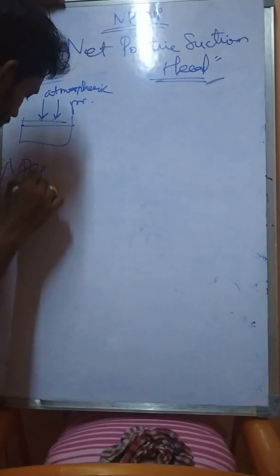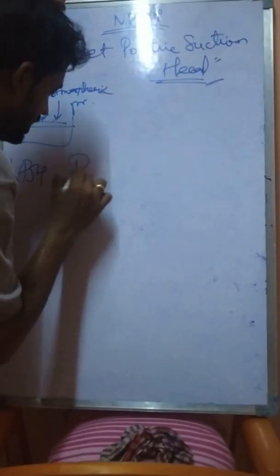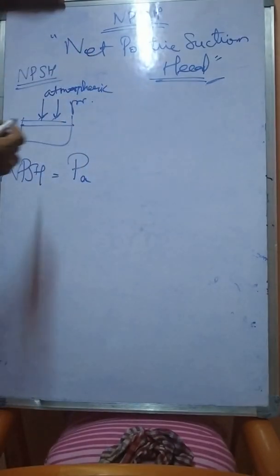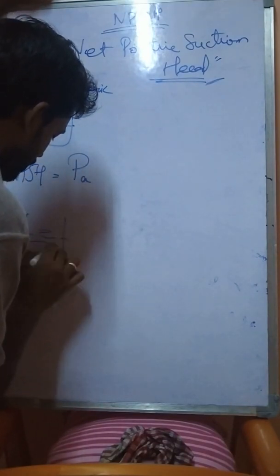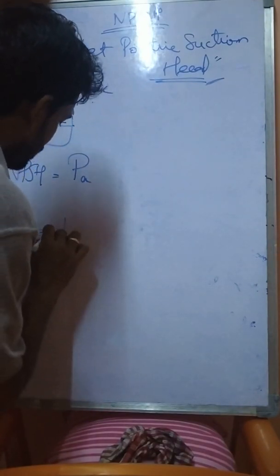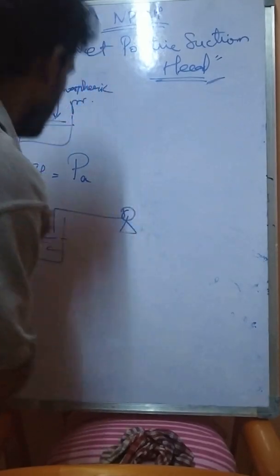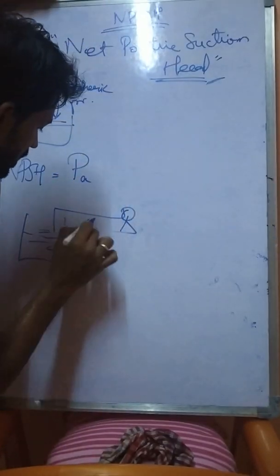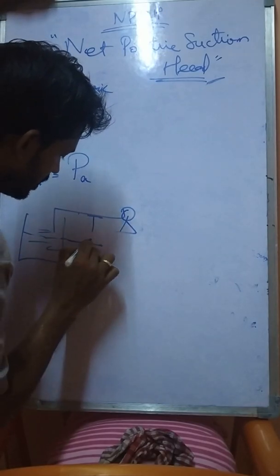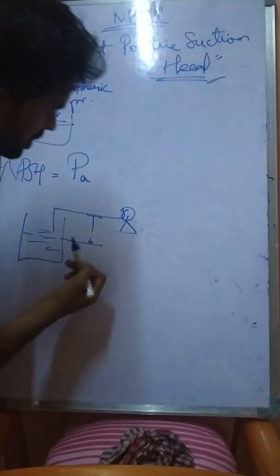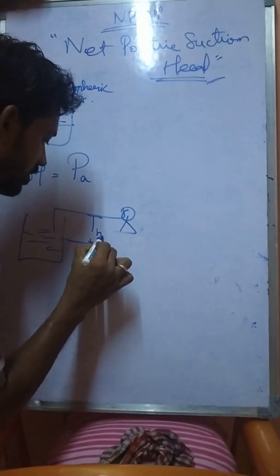NPSH is equal to, we mentioned this as PA. And the next one is the difference between the suction line and the liquid level in the tank at the suction side. That will be known as HS.